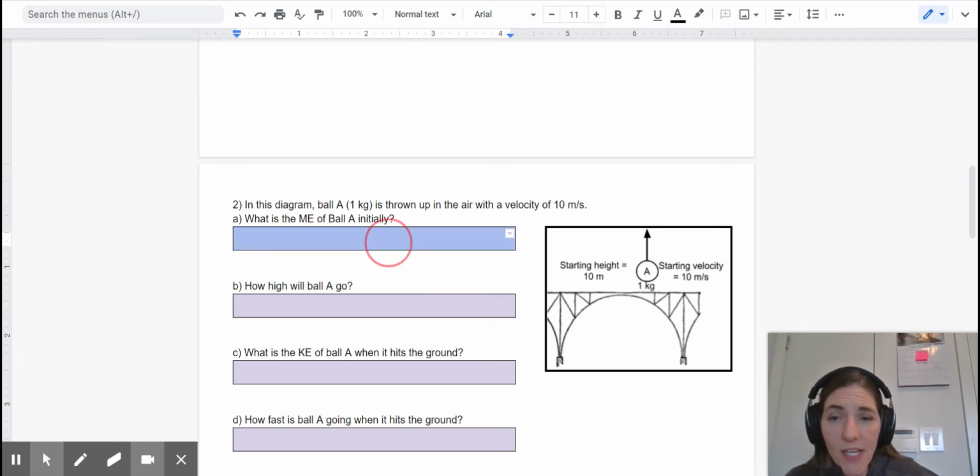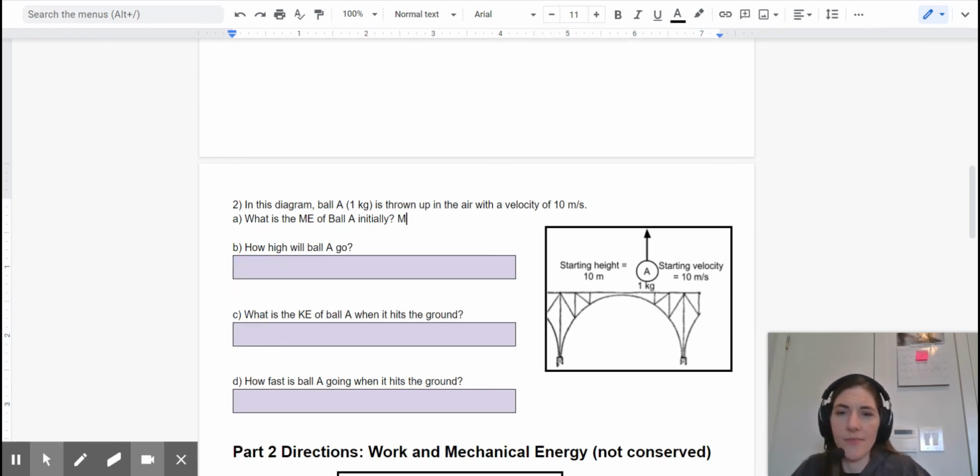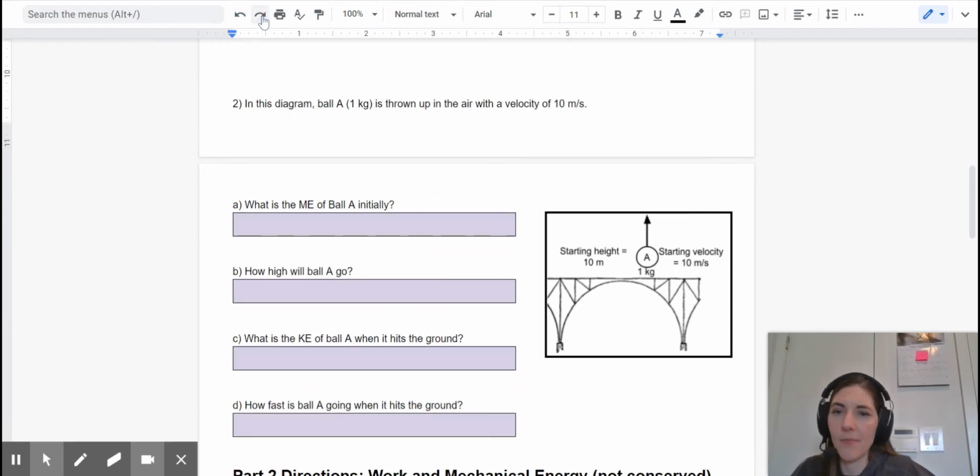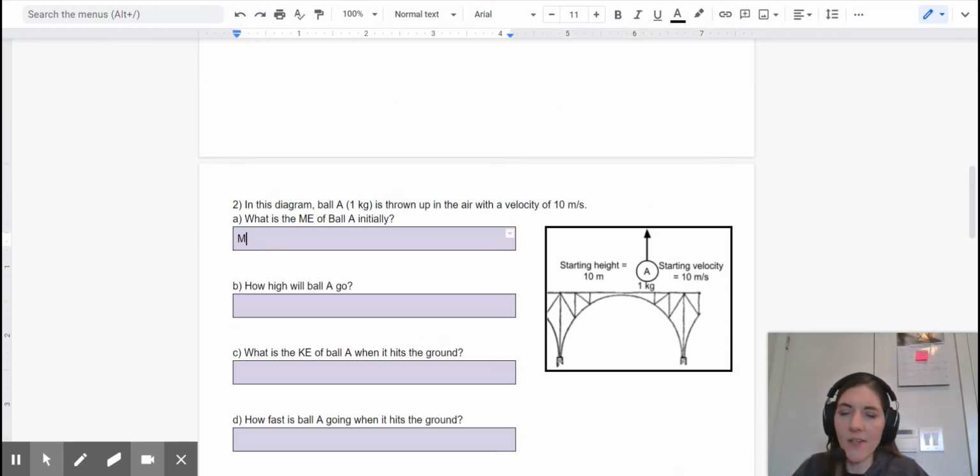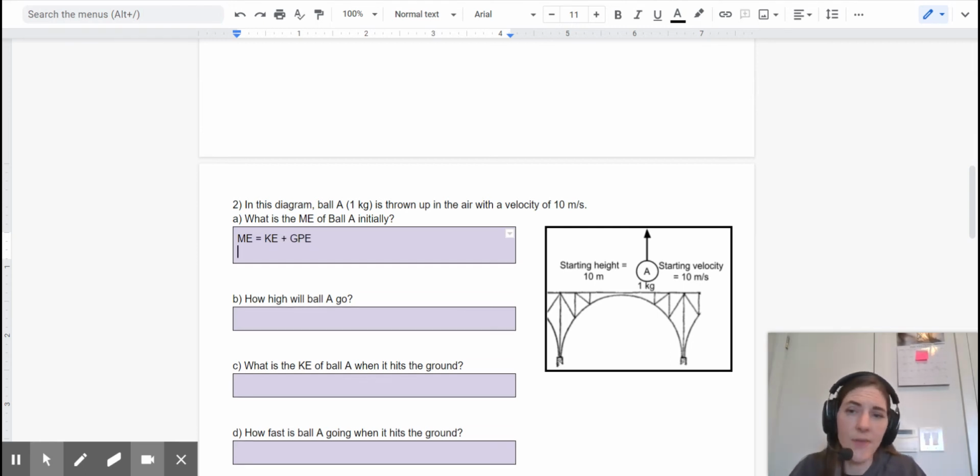So the mechanical energy is equal to the kinetic energy plus the GPE initial. I can figure out kinetic energy because I have a velocity and I have a mass.